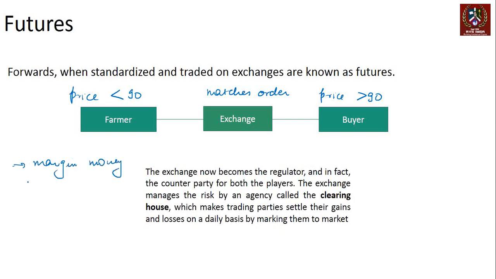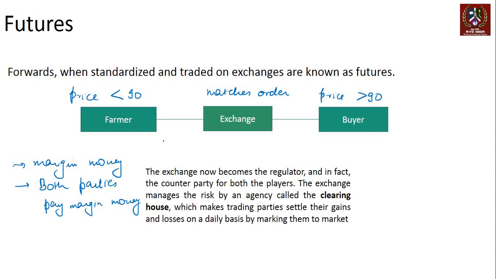Now both parties pay margin money, which is basically a reversible transaction. When you close the trade, whatever is the gain or loss is adjusted to the margin money and given back.